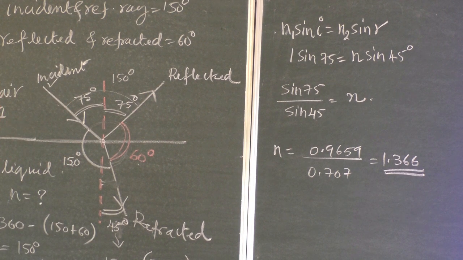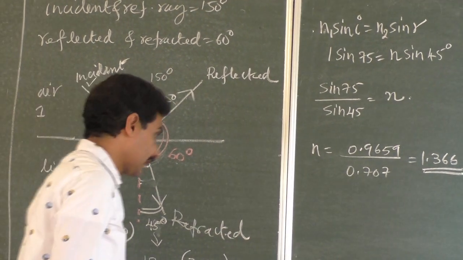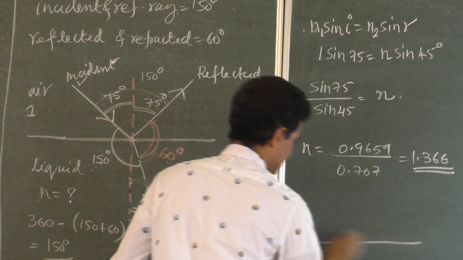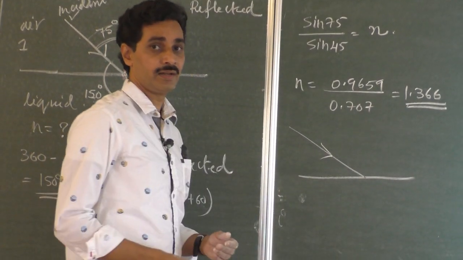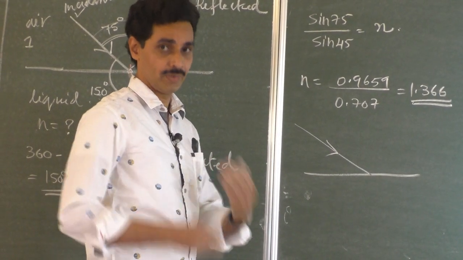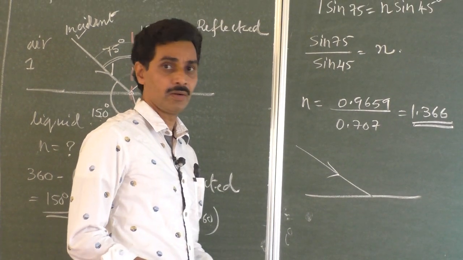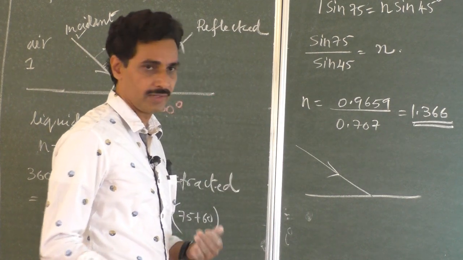So this is one type of problem related to refraction, and sometimes you may get a problem like this. I can remember one problem. When a ray of light is incident on a certain medium, it is found that the reflected and refracted rays are perpendicular to each other. You will get this concept later in properties called diffraction, interference or polarization.